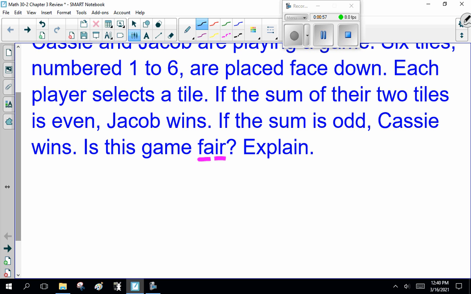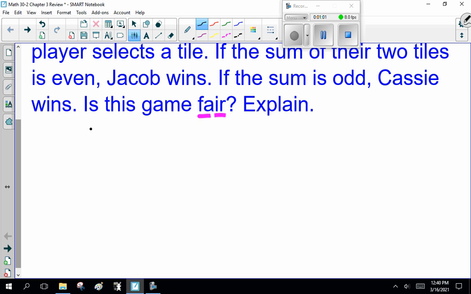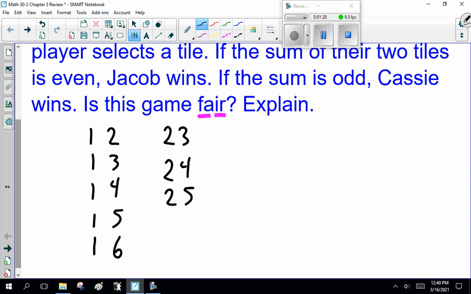So, here, I think the easiest thing is to actually list them. 1, 2, 1, 3, 1, 4, 1, 5, 1, 6. Now we've already got 2, 1, so we can't have 2, 2, so it's 2, 3, 2, 4, 2, 5, 2, 6.